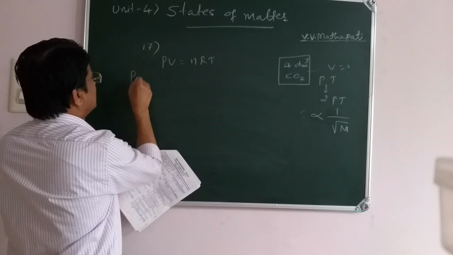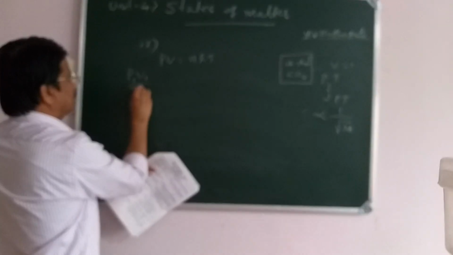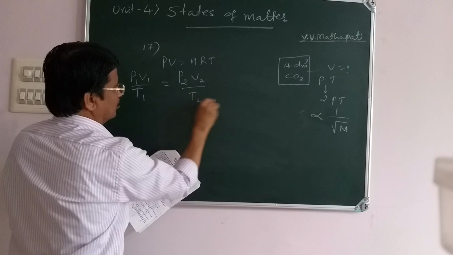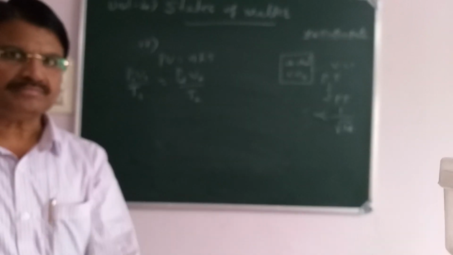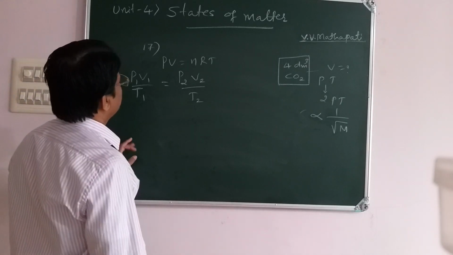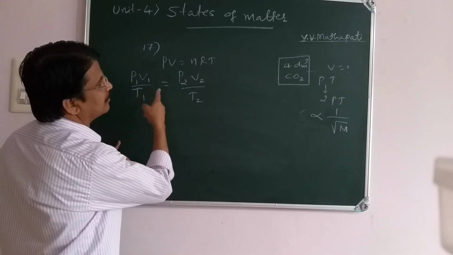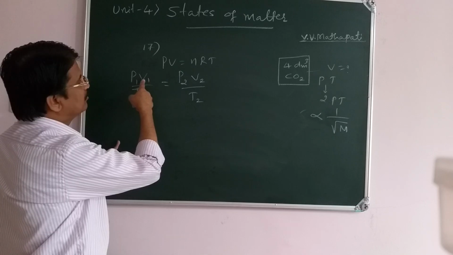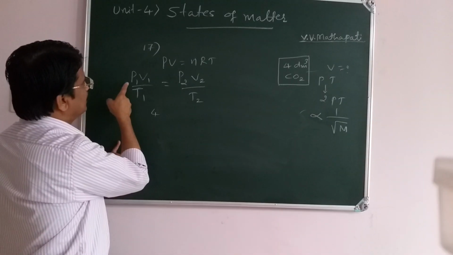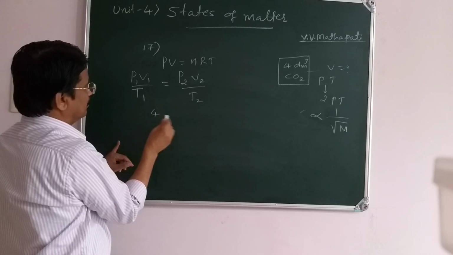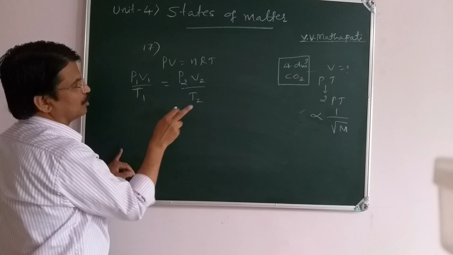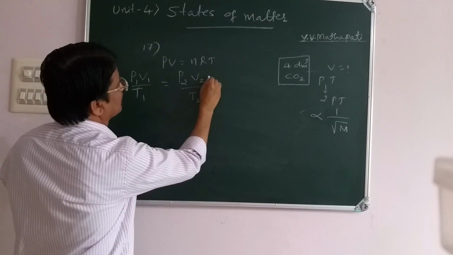Using this, we can write P1 V1 by T1 equal to P2 V2 by T2. 4 dm cube of gas is taken, and V2 you have to find out.